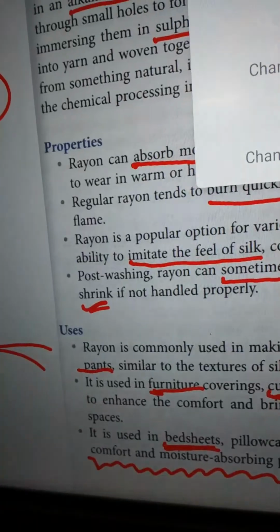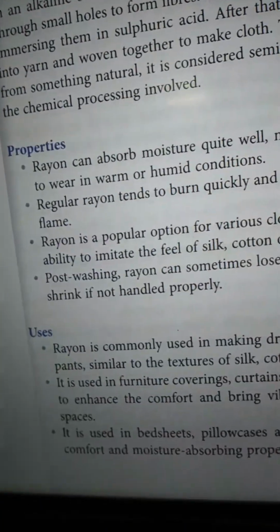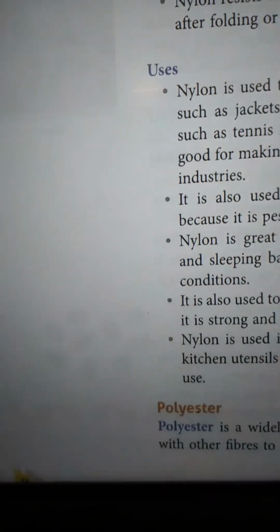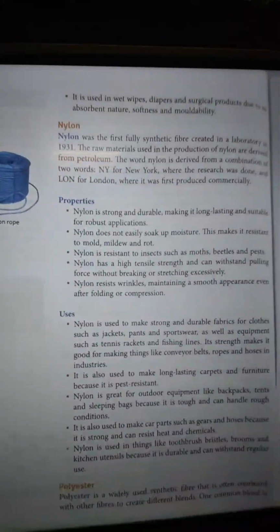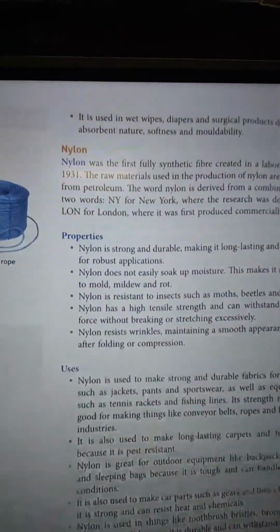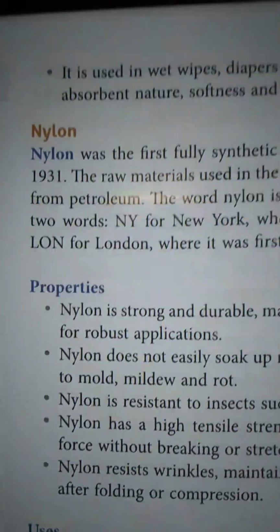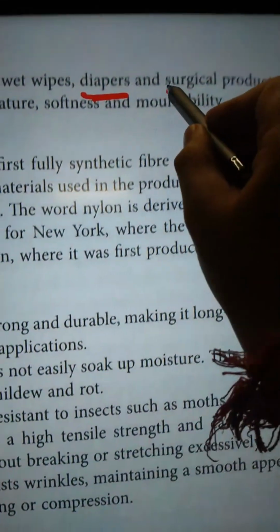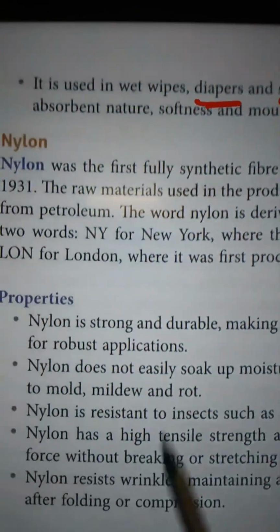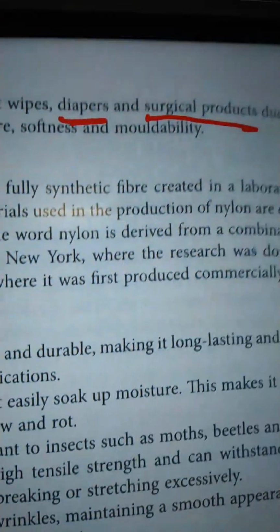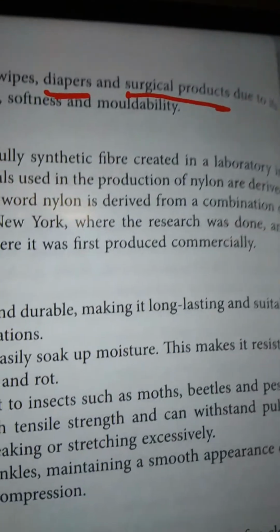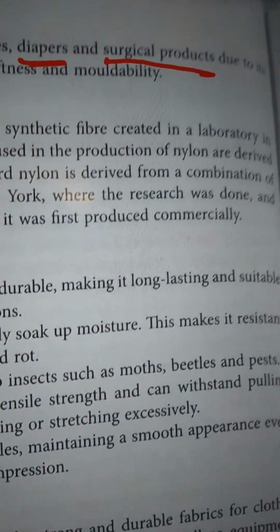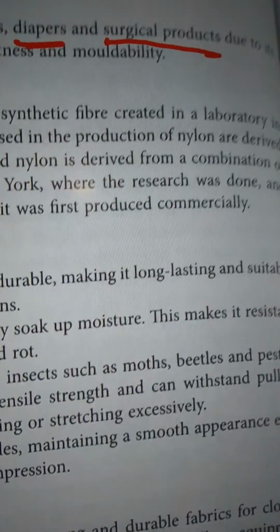The next use of rayon is in diapers and surgical products because it absorbs. Where is the surgical product? The bandage which you use. The bandage is made up of rayon.